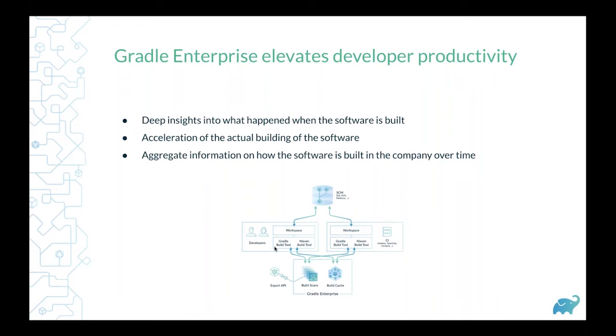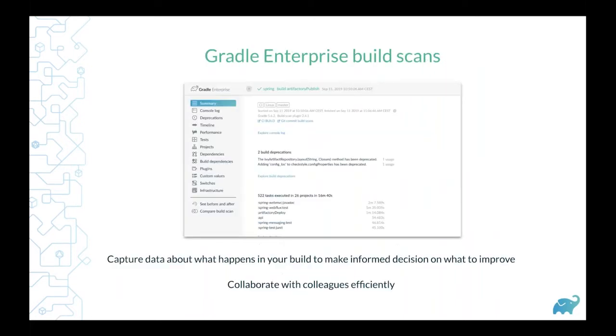Let me start with the build scan side, which, to summarize, captures data about what happened in the build, so you can make informed decisions about what to improve. The other aspect, which we're not going to go too deeply into but might not be obvious, is that via build scans you can very efficiently collaborate with colleagues.